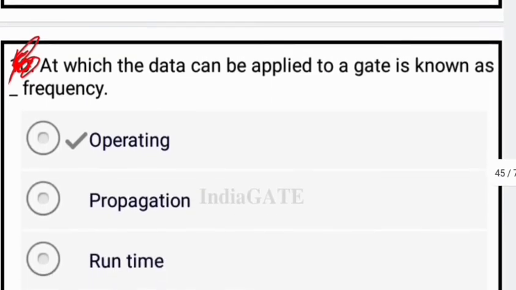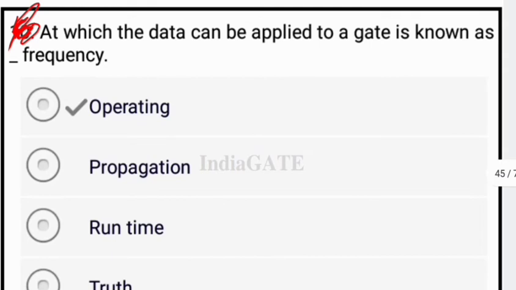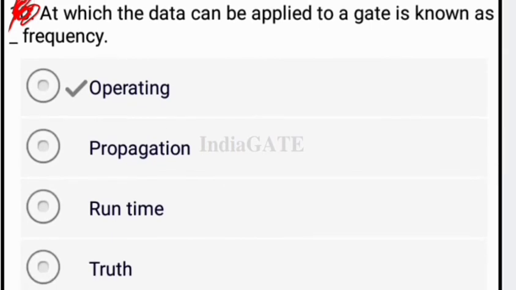The next question is defined as, the frequency at which the data can be applied to the gate is known as the what? So operating is the correct answer. At the operating time the gate is applied, this is known as the operating frequency.